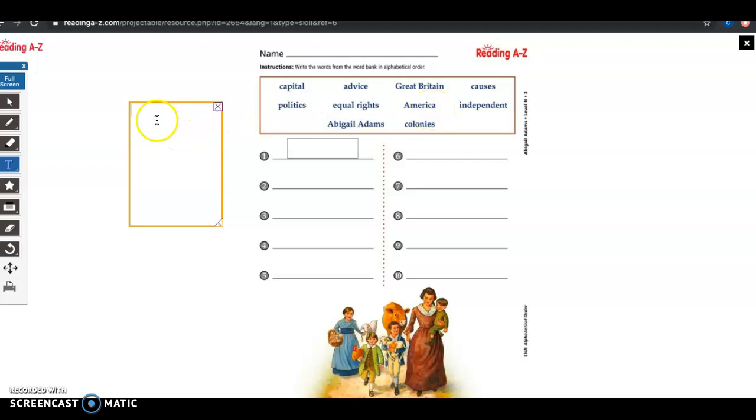So to put them in alphabetical order, we know that these three words start with an A. And we know that A is the first letter of the alphabet. And when words start with the same letter, we need to look at the second letter to figure out which order to put these words in.